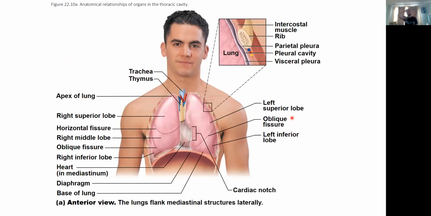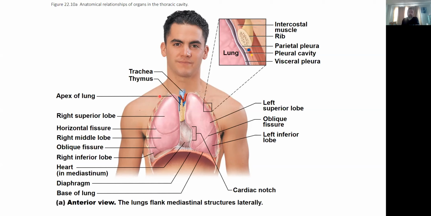Other bits of anatomy here that are going to be useful for us. We have the apex of the lung, the top of the lung. And as you can see here, it comes up surprisingly high, okay? So here's this guy's clavicle right here, right? Everything above your clavicle, you can feel your clavicle at home, right? Everything above that you kind of consider your neck, right?